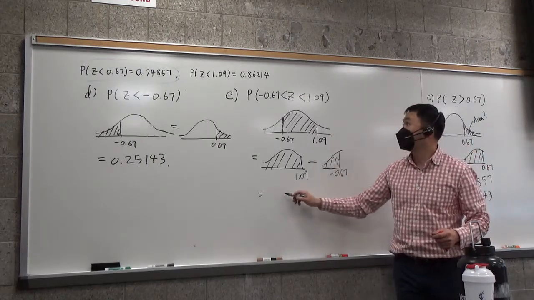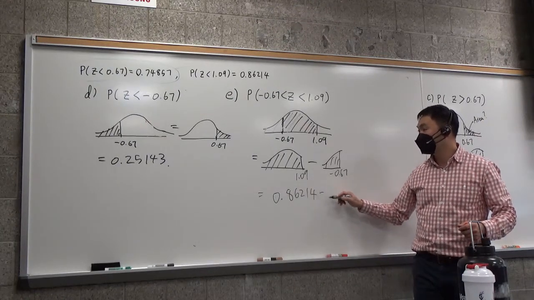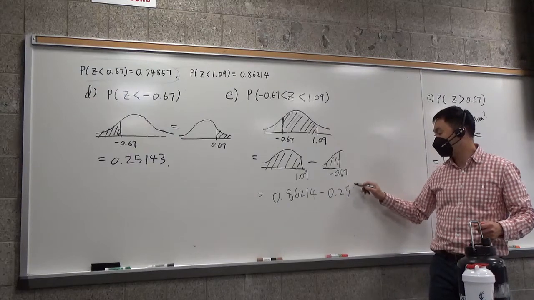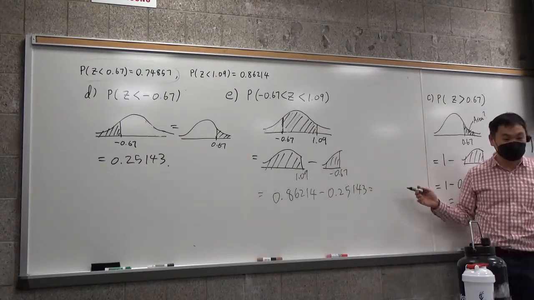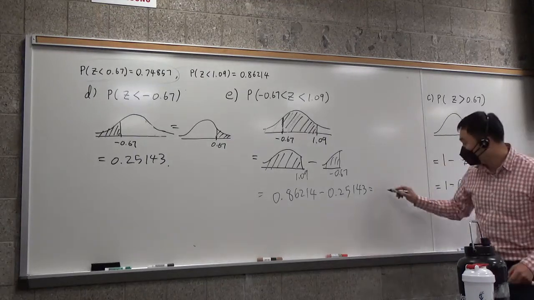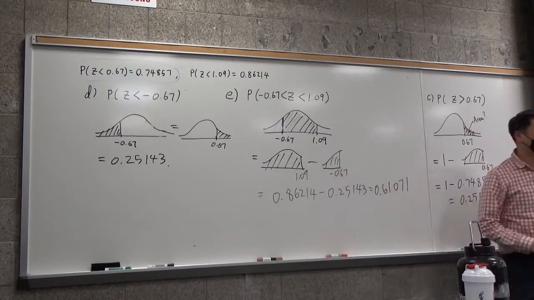And the answer is 0.86214 minus 0.25143. Did anyone calculate this with a calculator? Yes. What do you get? 0.61071. Okay, so that's the answer.